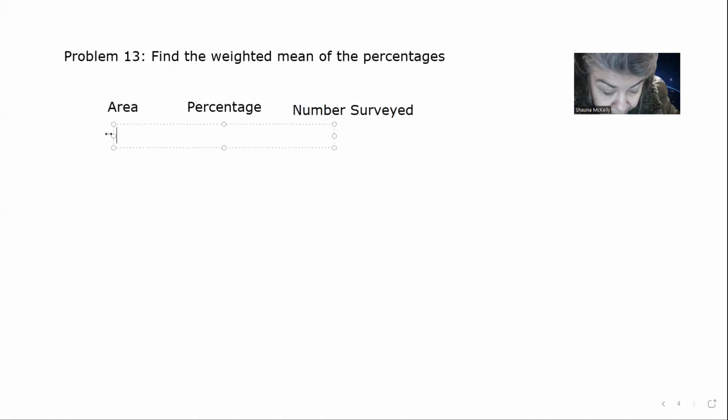Now, do we have area 1 here? The percentage, I believe, was 40, was it? We'll find out. And I believe this was 800 people, if I'm not mistaken. Otherwise, I'll have to undo this and see what happens.